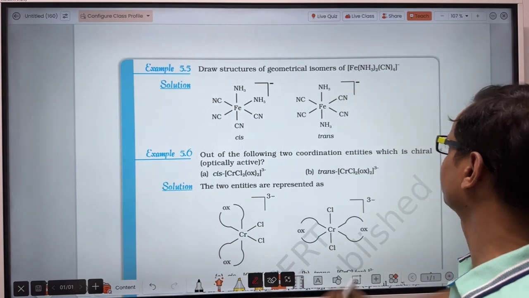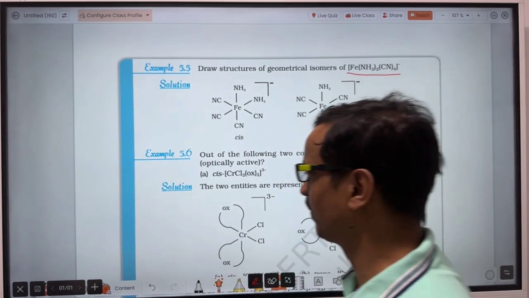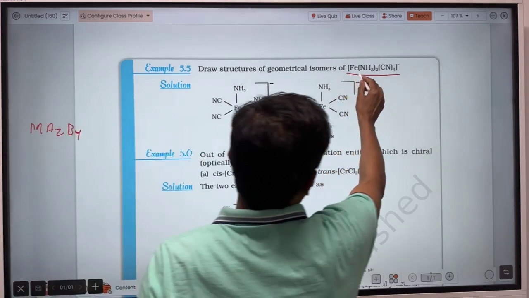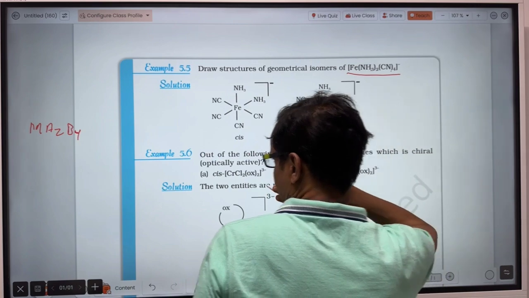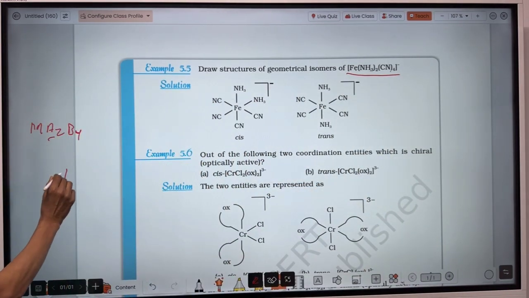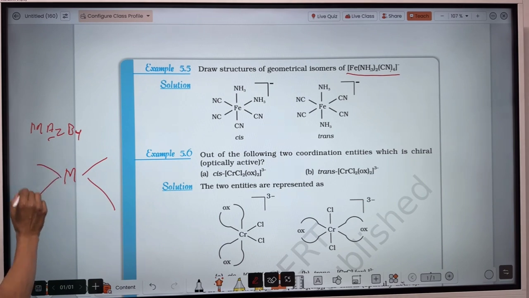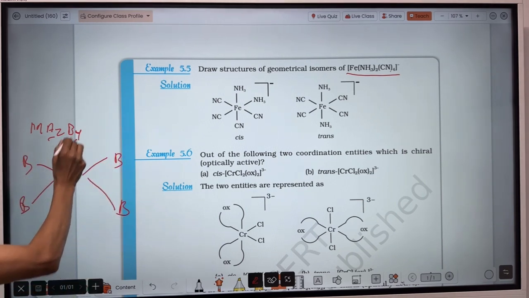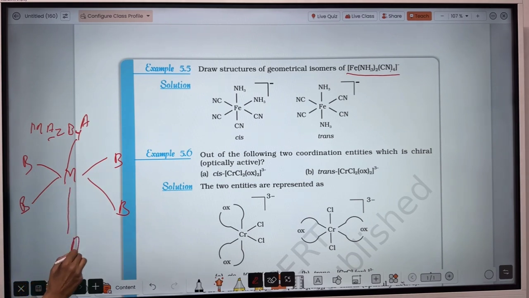Let's see. Draw the structures of the isomers of this one. This compound is of the Ma2B4 type. Obviously, if the two A ligands are opposite to each other, like M with BB on this side, BB on this side, and AA here, then that will be trans.